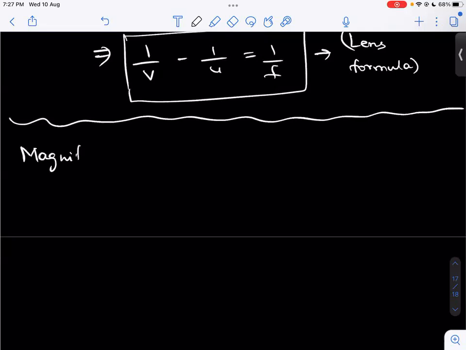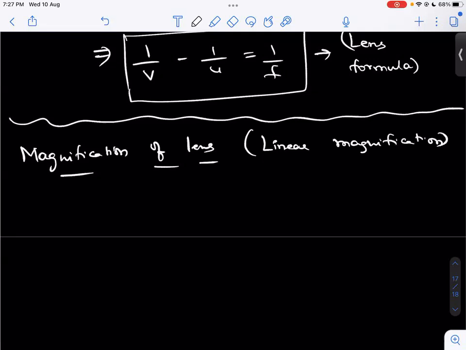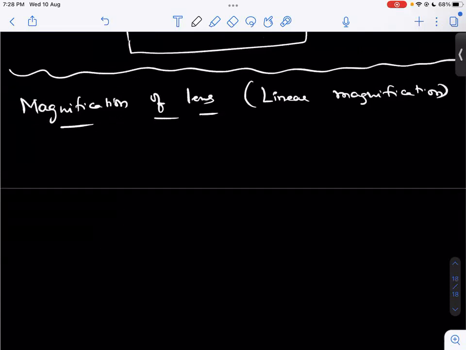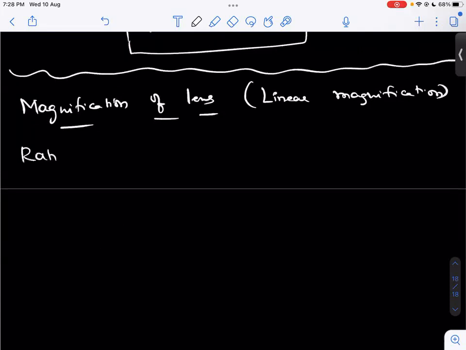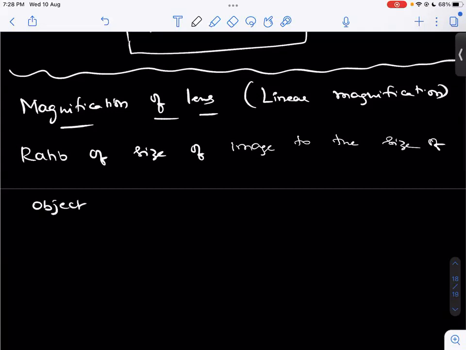Magnification of a lens. So when you see magnification, here again I'm trying to talk about linear magnification. So linear magnification is defined as the ratio of the size of the image to the size of the object.